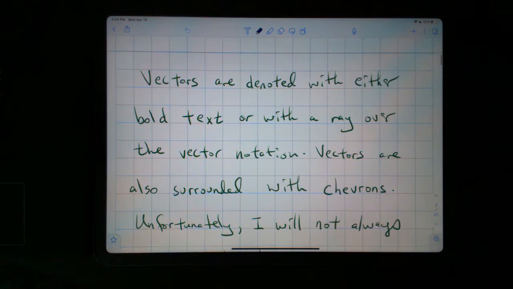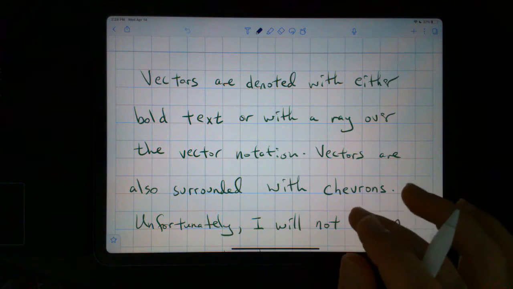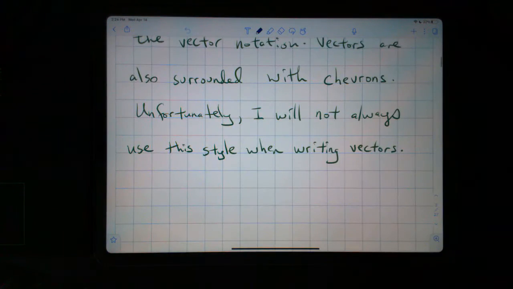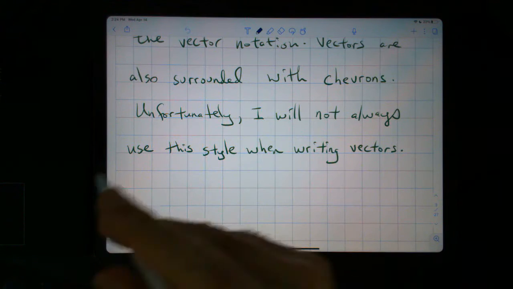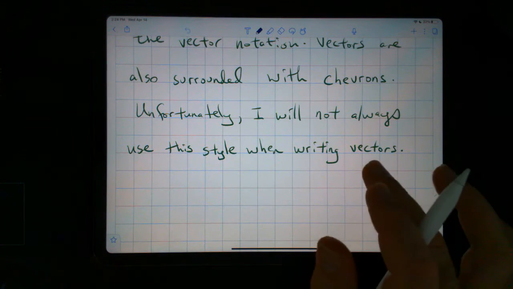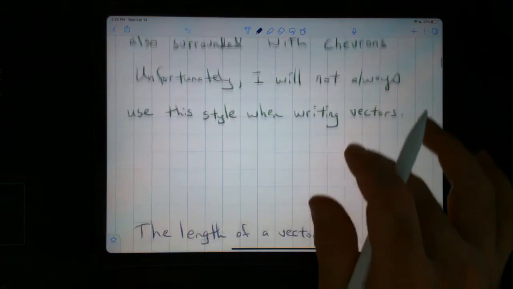Vectors are denoted with either bold text or with a ray over the vector notation. Vectors are also surrounded with chevrons. And unfortunately, I will not always use this style when writing vectors. Sometimes I get carried away in the math and I forget about the proper notation of a vector.